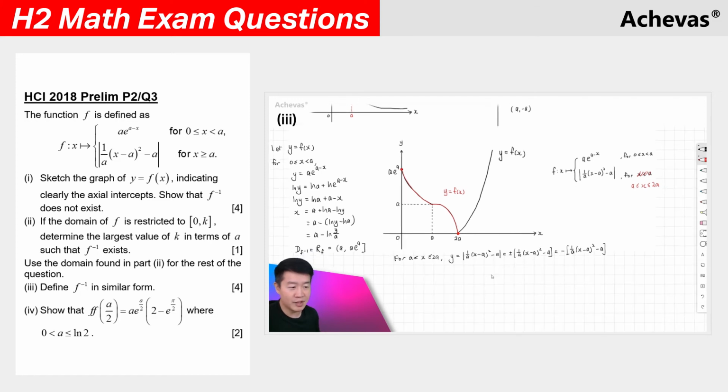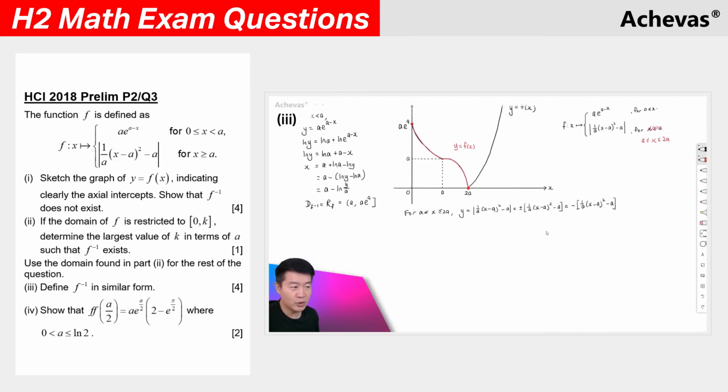Let's make use of this equation, and we will continue to make x the subject. Multiplying by negative throughout, we have a minus y. This is equal to 1 over a, (x minus a) squared minus a. Multiplying by a throughout, I have a minus ay. This is equal to (x minus a) squared minus a squared.